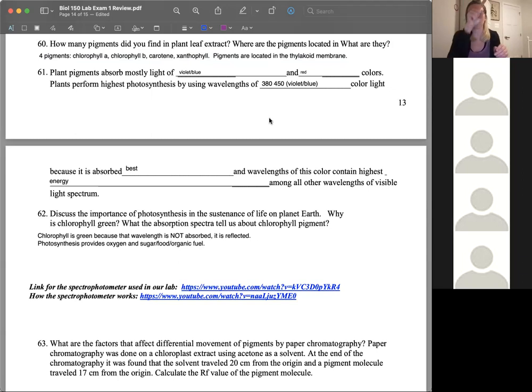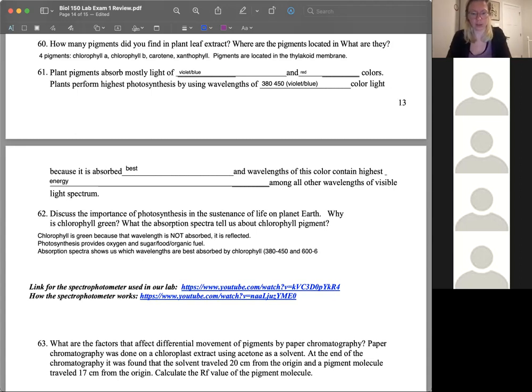That's where we see those two peaks in the absorption spectra. That was the 380 to the 450, and the other end, I think it's around 620, 630 or something.